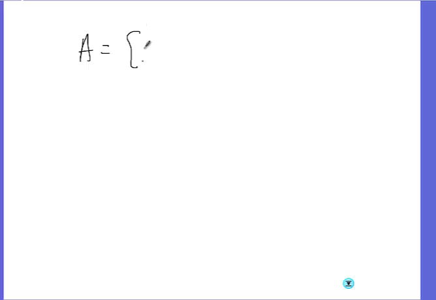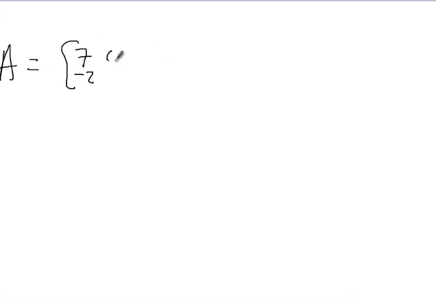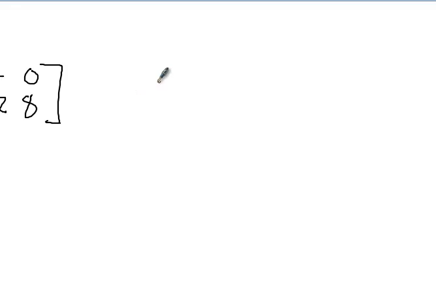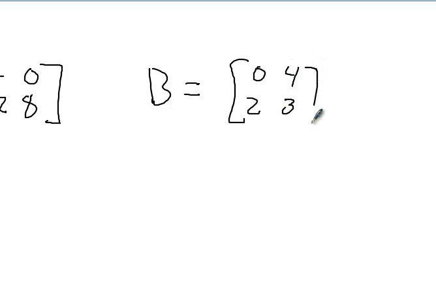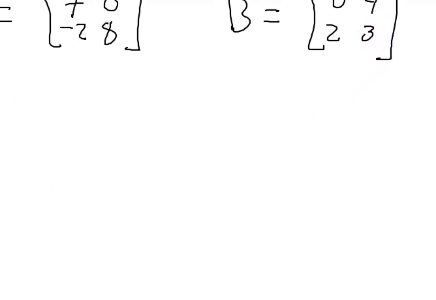Now I'll do one where we combine everything we just did. We'll say A is 7, negative 2, 0, 8. We'll say B is 0, 2, 4, 3. Let's get really funky and do 2A plus 3B.